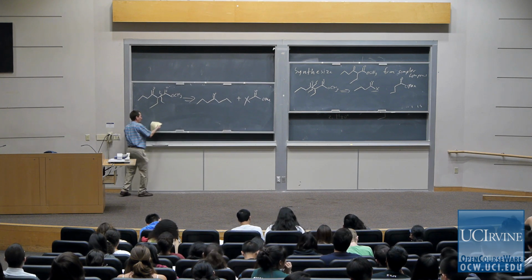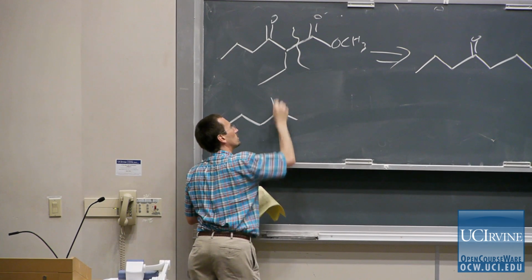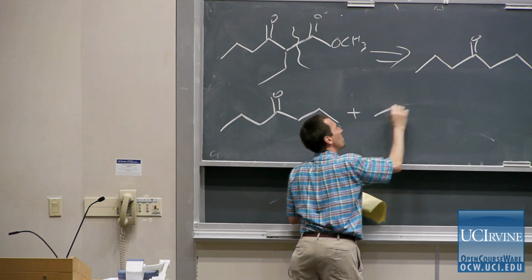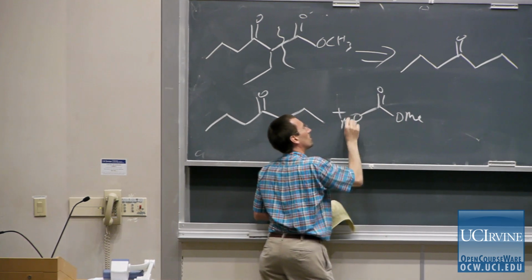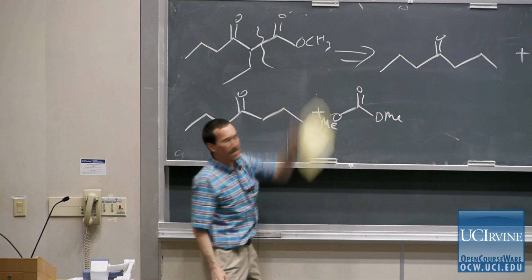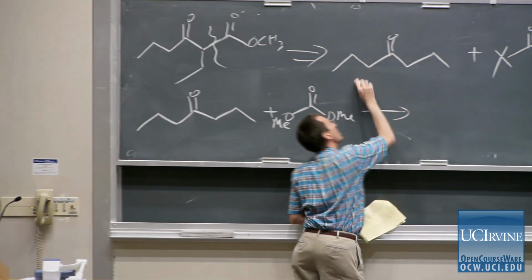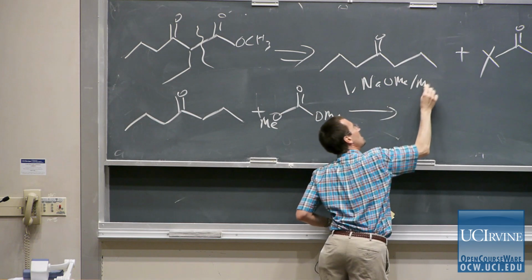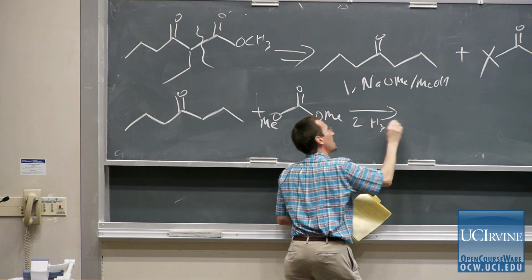I could do a different sort of Claisen reaction where I take dimethyl carbonate. Sometimes I'll write OMe, sometimes I'll write OCH3. They're, of course, interchangeable. They're just different ways of writing the same thing. I'll take sodium methoxide and methanol and aqueous acid.